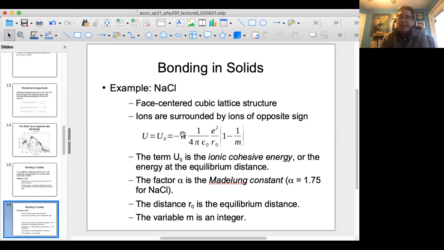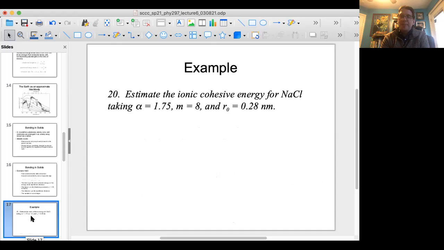Alpha and m depend on the molecule. For sodium chloride, alpha is called the Madelung constant, and it is 1.75, but that's substance specific. The variable m is an integer, and that's also substance specific.